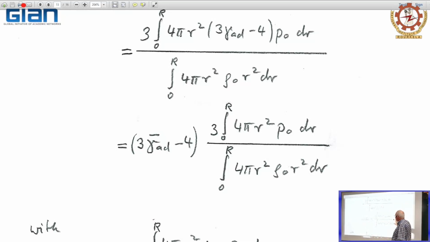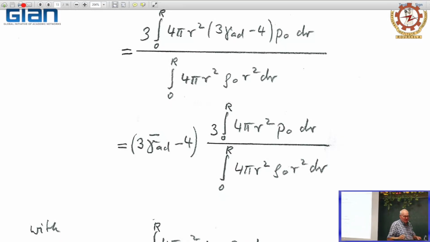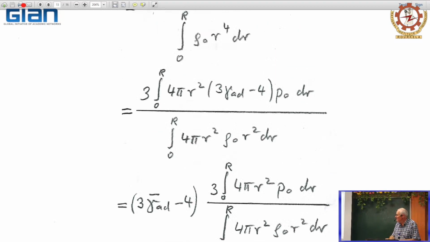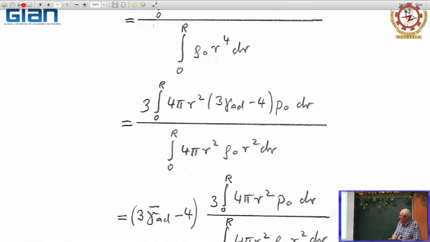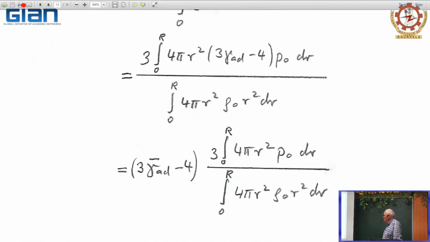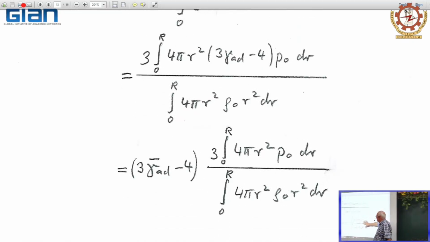These are well-defined positive integrals. We are interested in stability or instability, so we are interested in whether sigma naught squared is positive or negative. This sign is not determined by these integrals, which are positive. It is determined by the sign of the bracketed term.